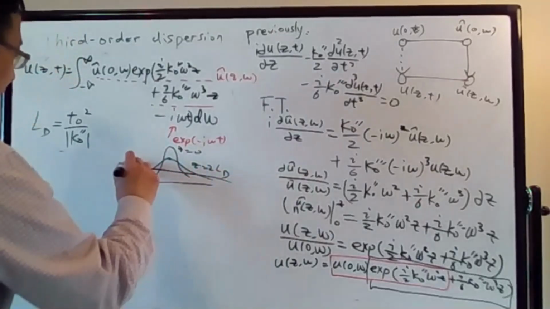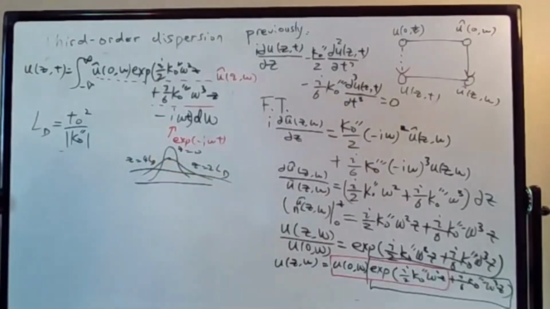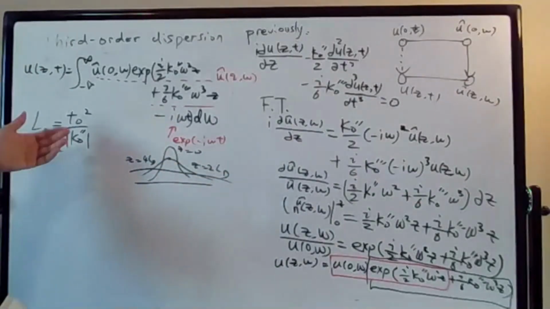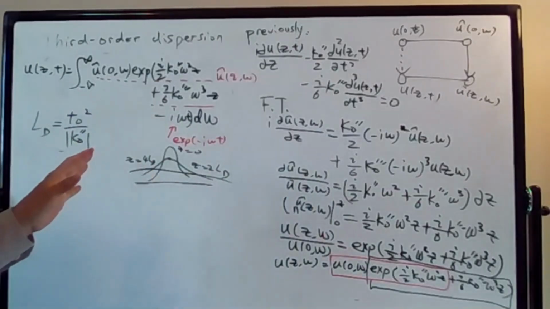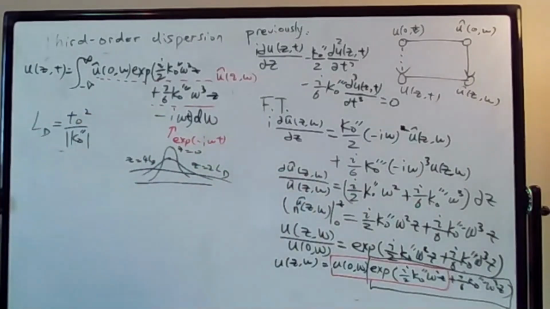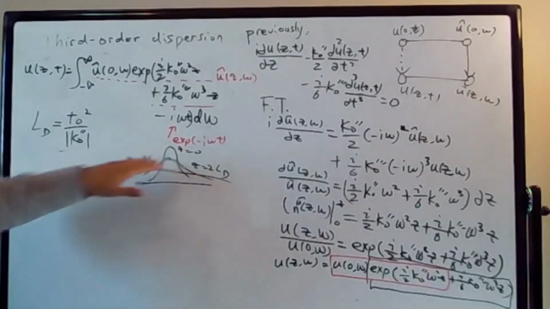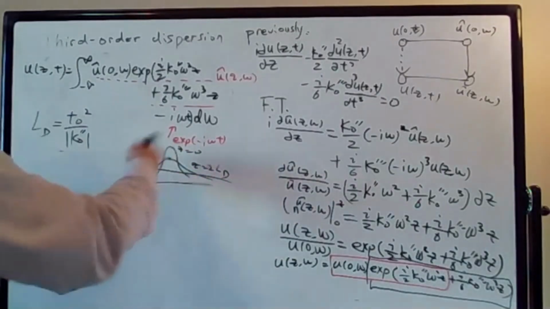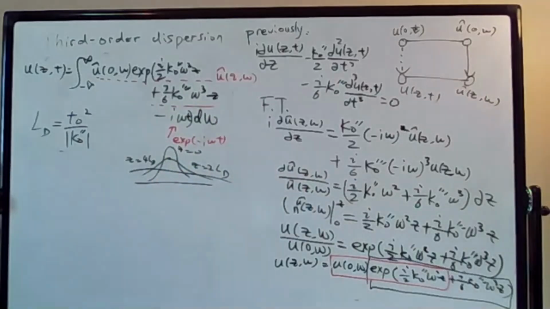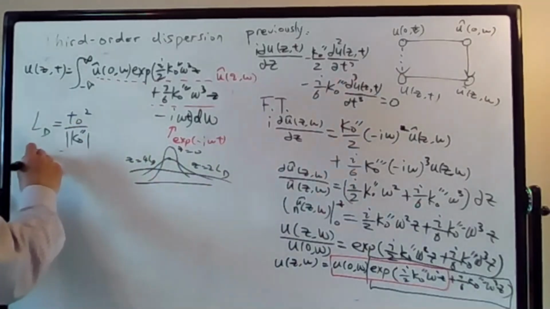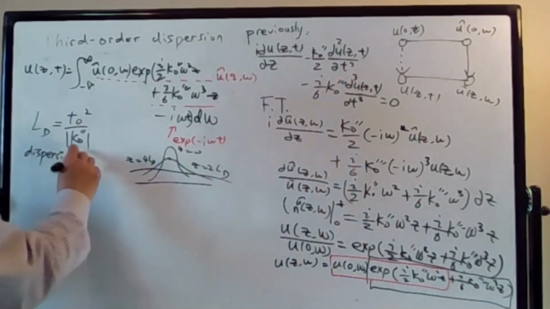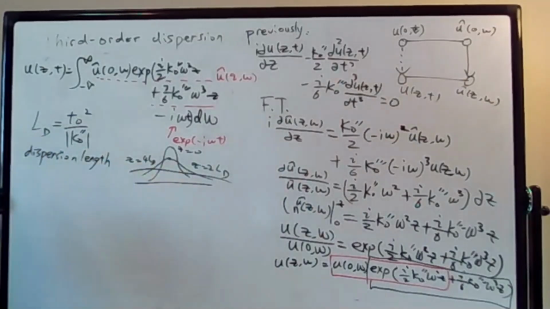Then another one will be z equal to 4 L_D, right? If z is far less than L_D, dispersion plays almost no role. They're almost the same shape. But once you propagate 2 L_D, you have very distinct broadening, and 4 L_D is broadened too, right? So this is the dispersion length. And one can do the same analysis.